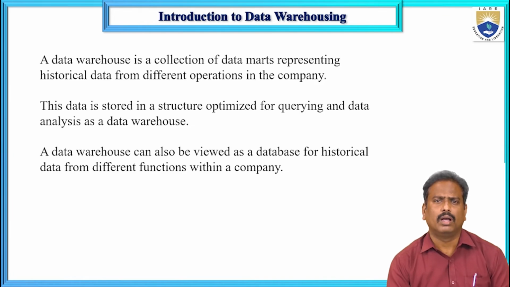Now, for example, suppose you order a Fastrack watch in Amazon. If you are in Bangalore, it will come from the warehouse in Hyderabad. Here in this warehouse, they will be storing all the items, not only watches.